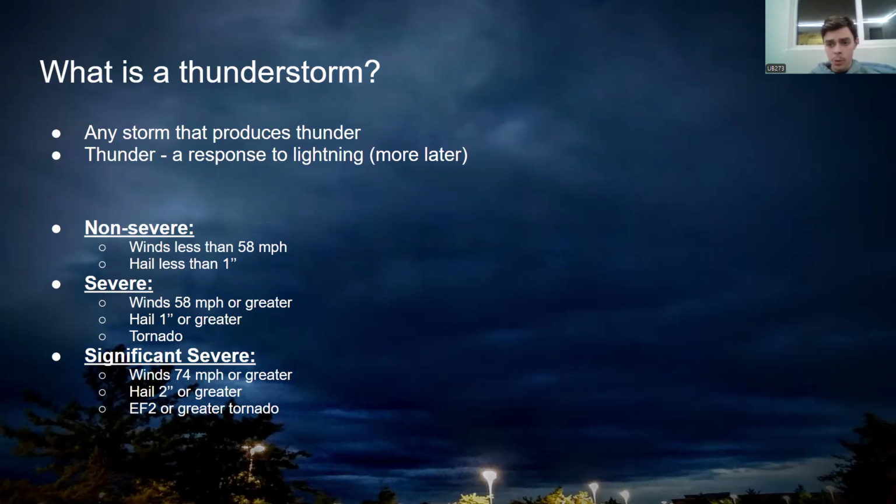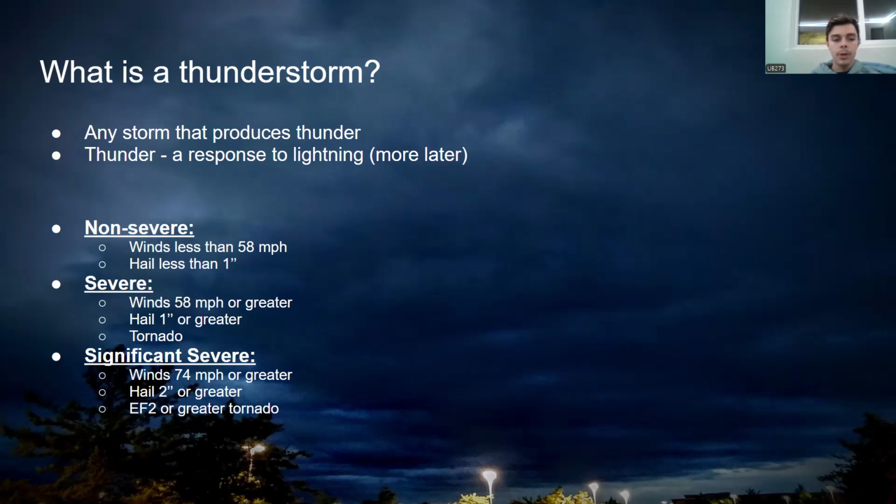But at the root of it, what is a thunderstorm? Well, it's a storm that produces thunder. Obviously, you might think. And thunder is a response to lightning, which we're going to talk more about in future videos. Generally, there are three types of thunderstorms.